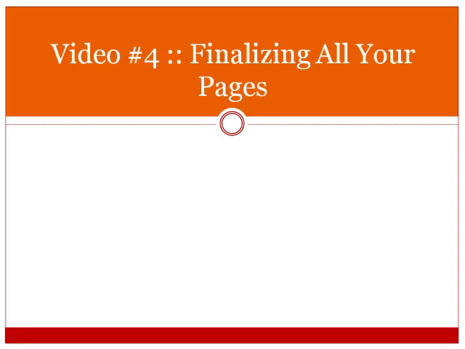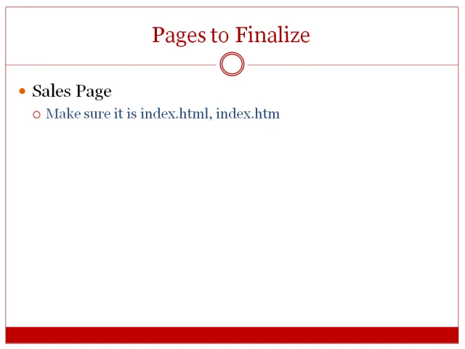Hello and welcome to video number 4. In this specific video, you're going to be finalizing all of your pages. Now, before we jump in and start doing this, I want to talk briefly about a few important things. For example, the sales page. The file name of the sales page needs to be index.html or index.htm.